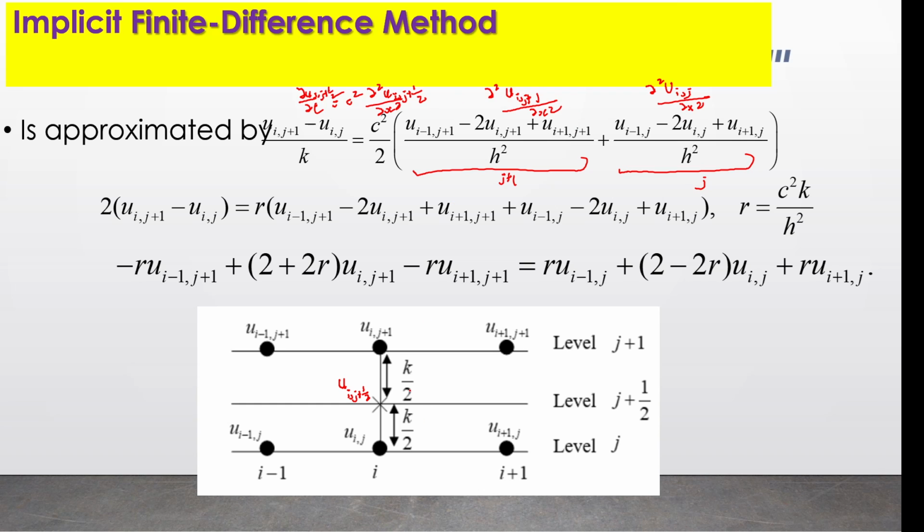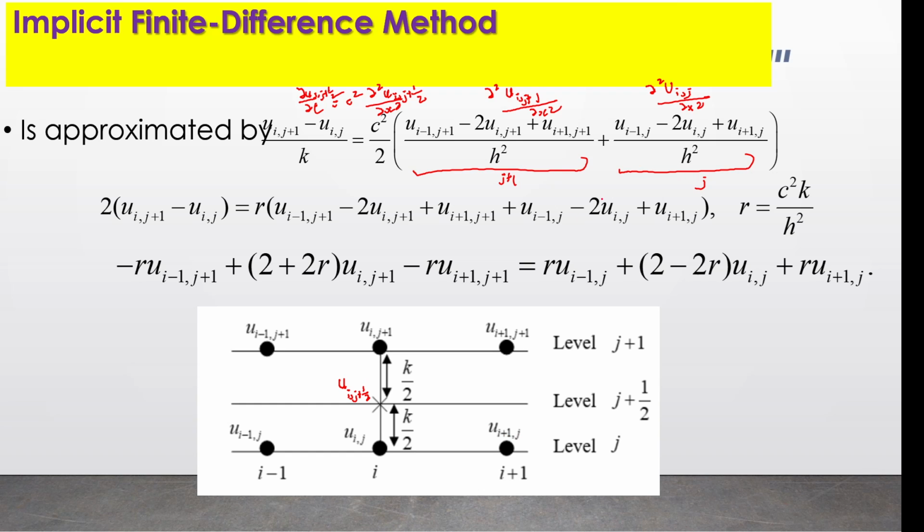So to find the second derivative at the point j plus half, we take the left point 1 time, the center point minus 2 times, plus the right point, u(i+1,j+1), divided by h squared. The second term is ∂²u/∂x² at the point u(i,j), so you have u(i-1,j) minus 2u(i,j) plus u(i+1,j) divided by h squared.